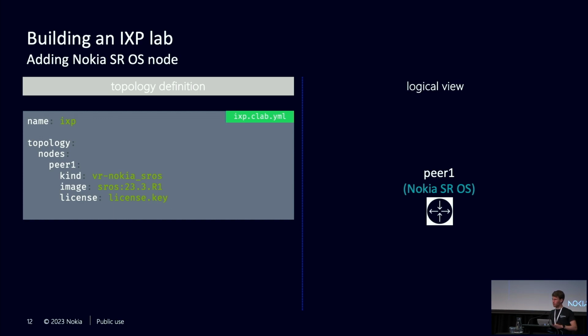You also have to provide the image that will be deployed on the node. So of course, the image can change depending on the version you're going to use and so on and so on. This image has to be provided by the user. So if you don't have this image and it is not publicly accessible, Containerlab will not be able to process.